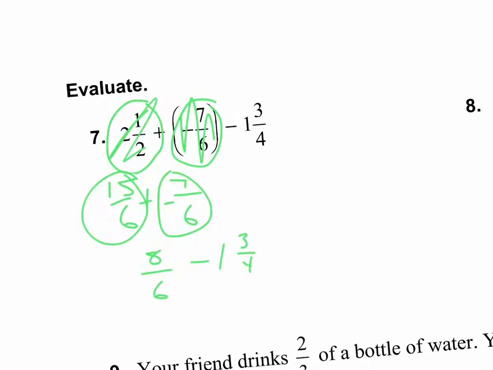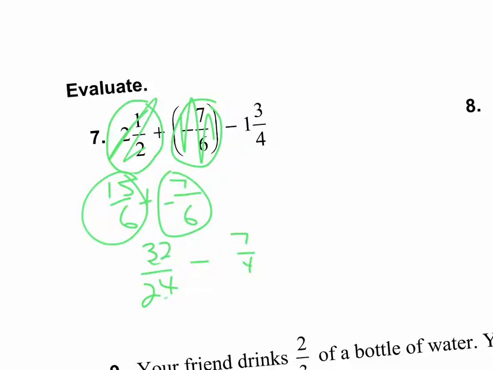So 4 times 1 is 4, plus 3 is 7. So this becomes 7 over 4. And we go ahead and get a common denominator between 6 and 4, which is 24. So 6 times 4 and 8 times 4, because what you do to the bottom, you have to do to the top. So 6 times 4 is 24. 8 times 4 is 32.